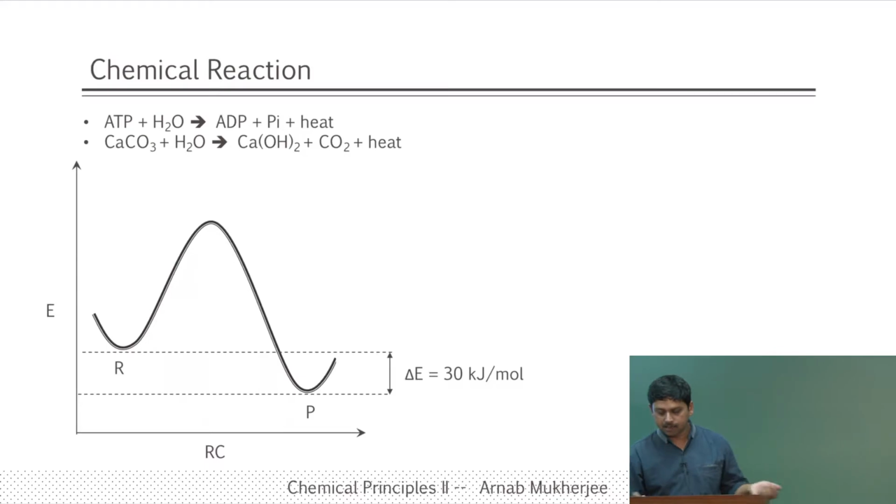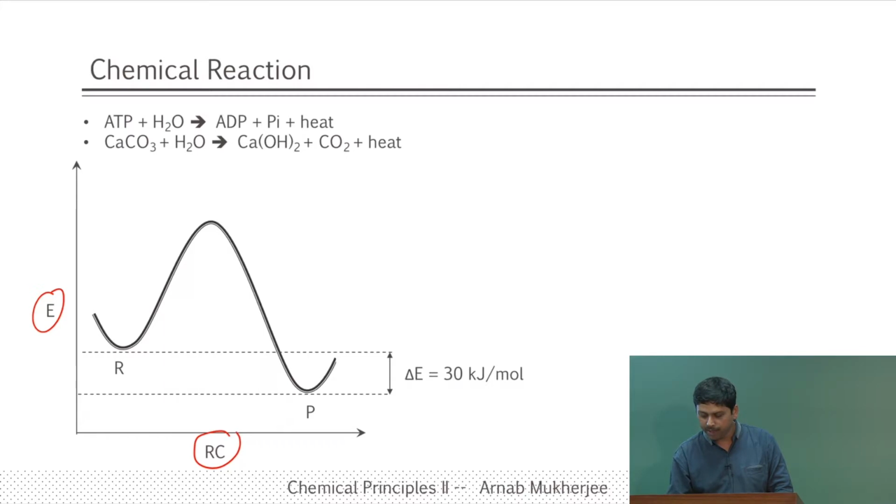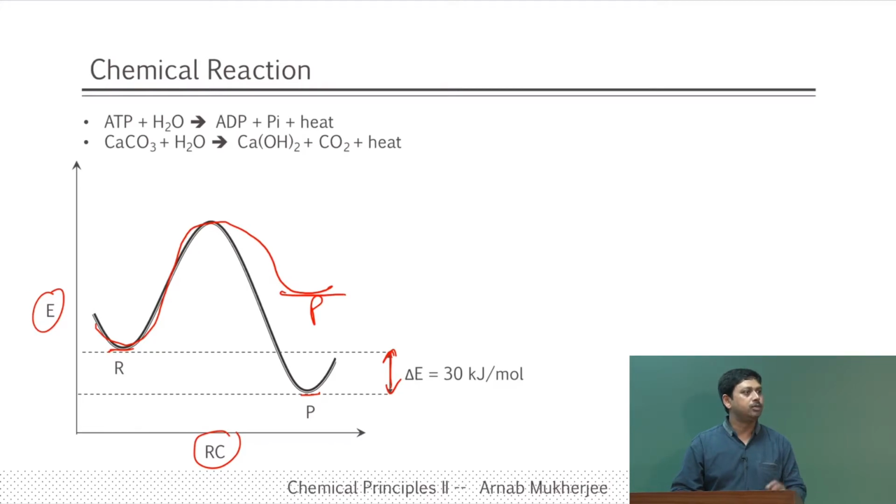And the calcium carbonate example you have seen, we typically denote that as an energy versus reaction coordinate profile, where if the product is lower than the reactant, then we call it an exothermic reaction, and this is the amount of energy that is released. If it is the other way round, where the product is higher than the reactant, then that will be an endothermic reaction in which we have to supply the energy, and you will see that it will be very useful in thermochemistry later on.